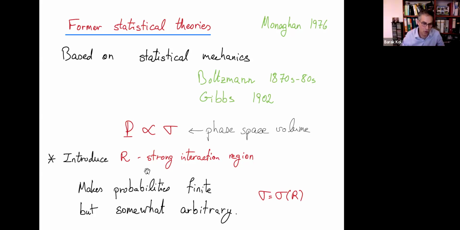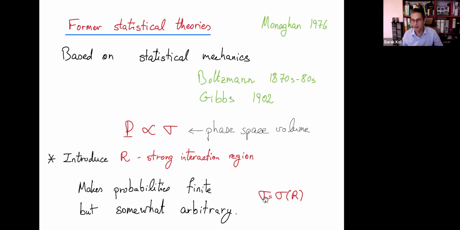In order to overcome this problem of infinite probabilities, this method introduced a cutoff, capital R, which was the strong interaction region. It makes probabilities finite, and it allows somehow to separate regular from chaotic motion, but it is somewhat arbitrary.